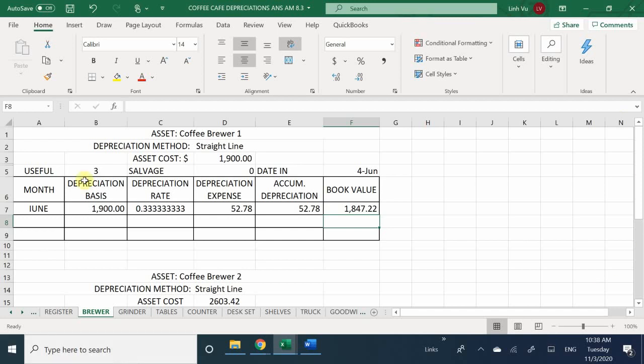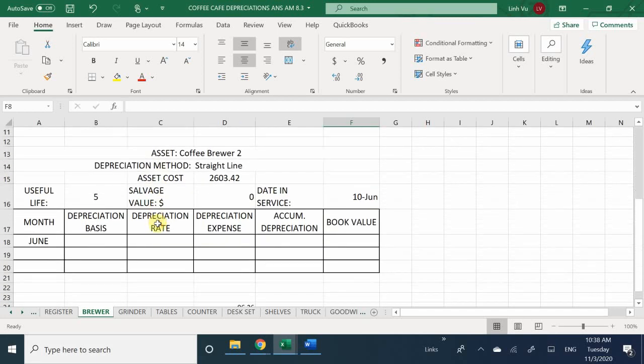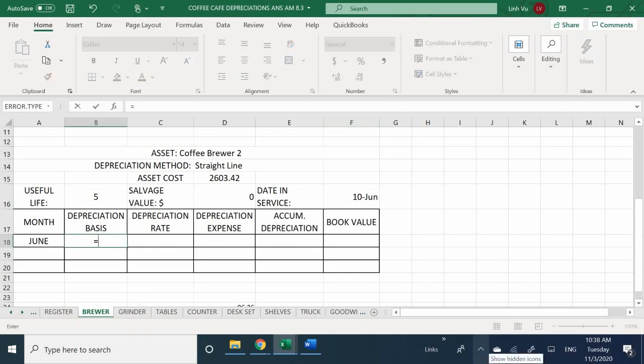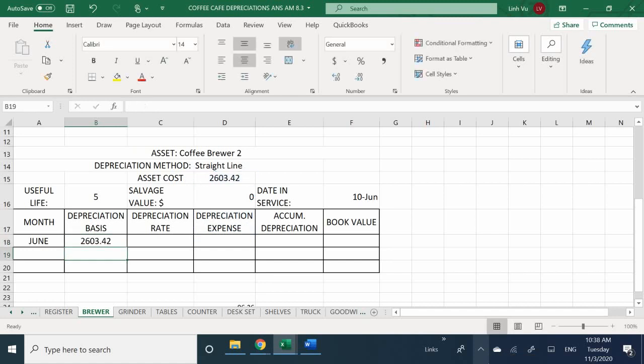All right, so let's go ahead and apply the same concept down here for our second coffee brewer. So what's my depreciation basis going to be? Cost, 2603.